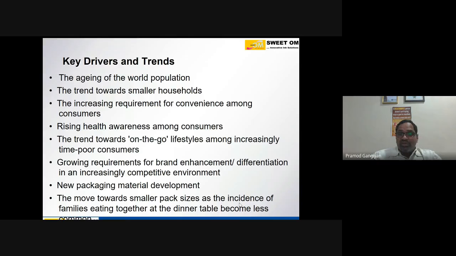So branding is booming, and that is why the coating requirement is increasing. New packaging material development and the move towards smaller pack sizes, like we already said, because of the on-the-go requirement. That is why smaller package size is increasing, and that is why the coating industry is booming.